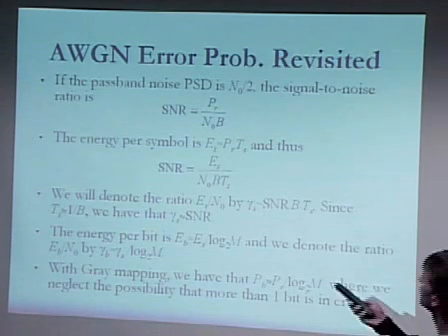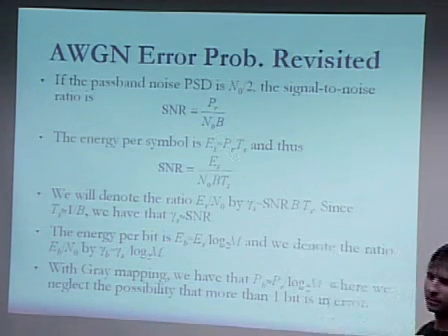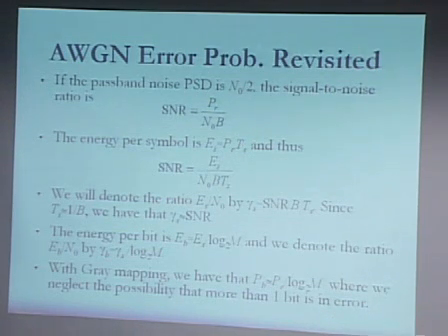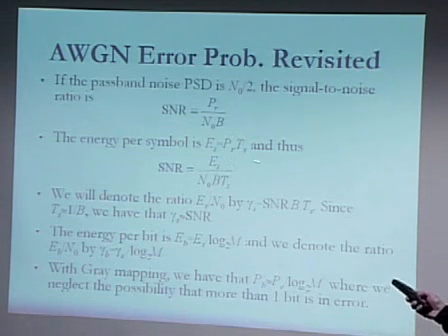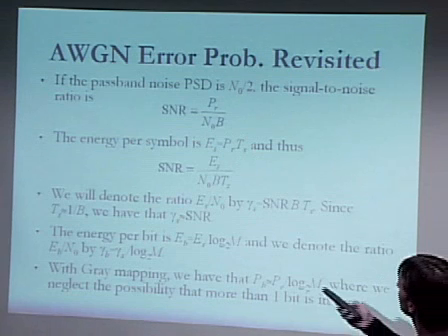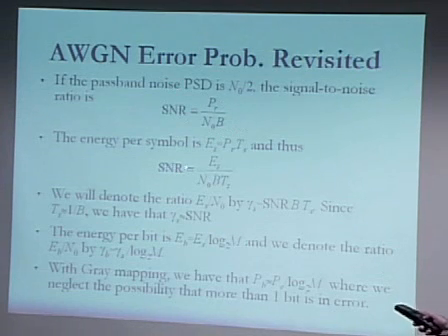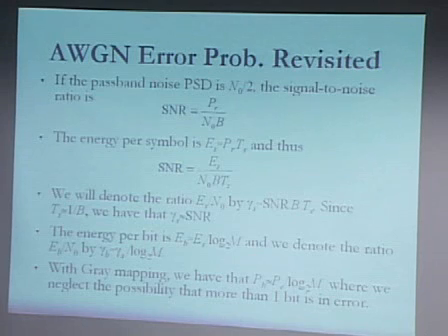If P sub r is the received signal power, the energy of its symbol is P sub r times Ts. We have a power of P sub r, and the duration in time is Ts. So the product gives us the energy of the symbol, Es. We'll use Es to denote the energy per symbol. Making a substitution up here, we can express the SNR as Es divided by N sub 0 times B times Ts.